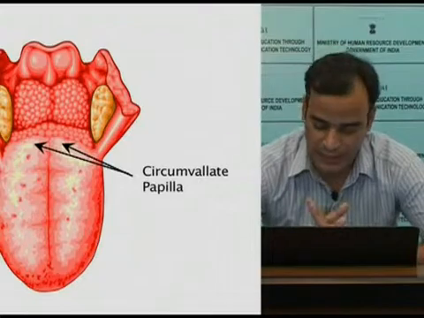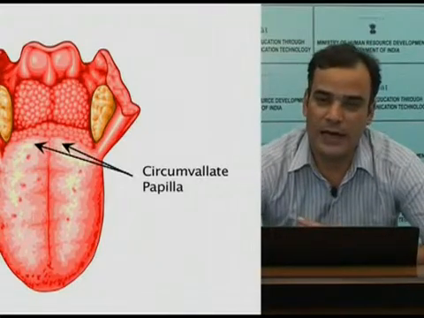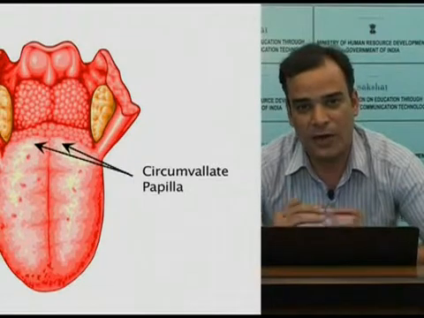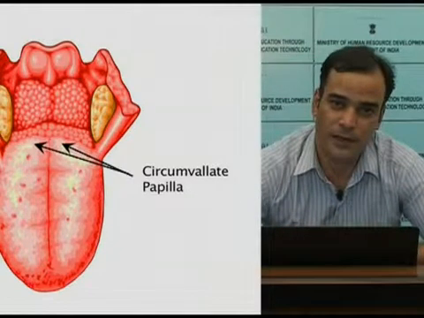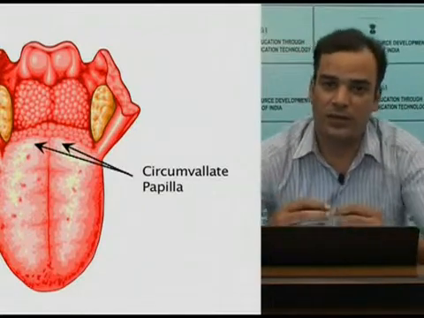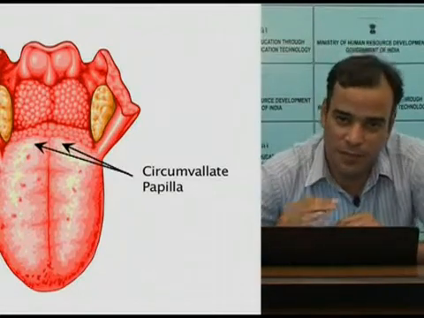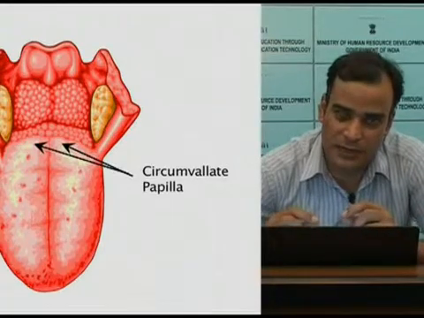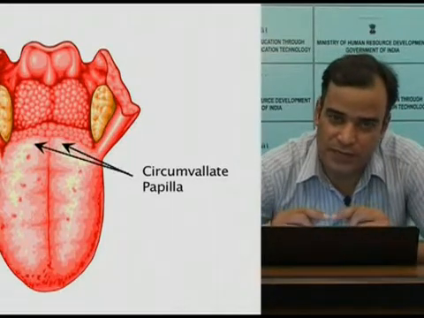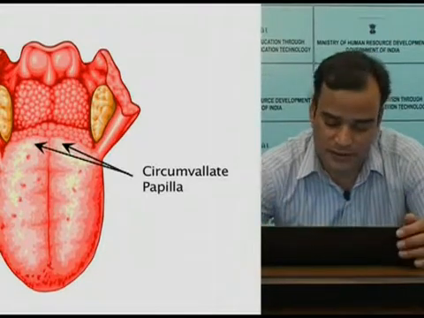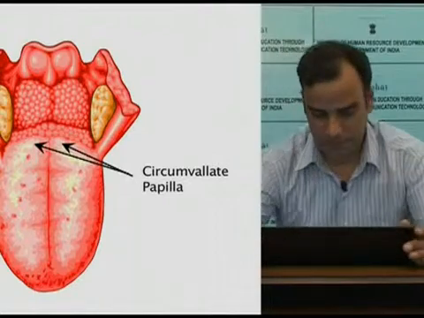They are about 8 to 12 in number and are arranged in an inverted V shape at the back of the tongue. If you ever look in a mirror, on the posterior of the tongue, on the back of the tongue, you will see the finger-like projections of the papillae which are arranged in the inverted V-shaped structure. These are the circumvallate papillae.